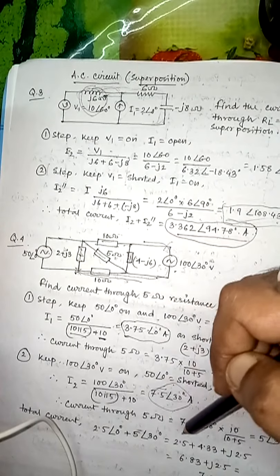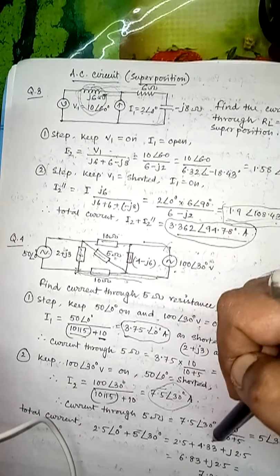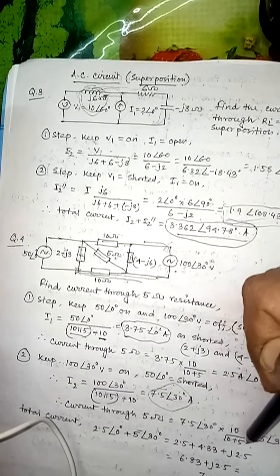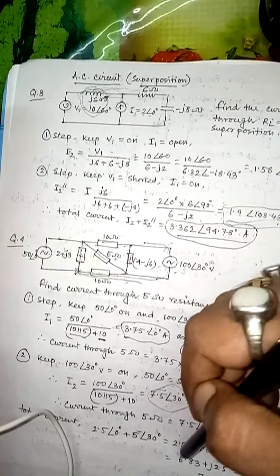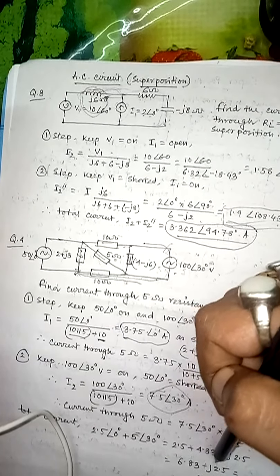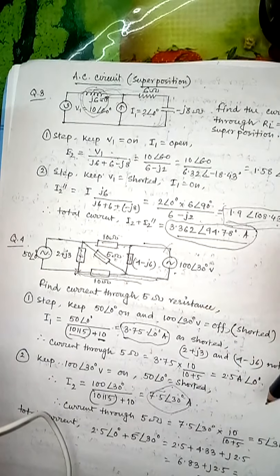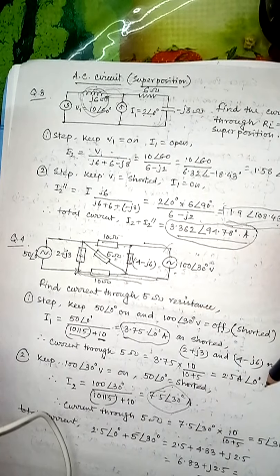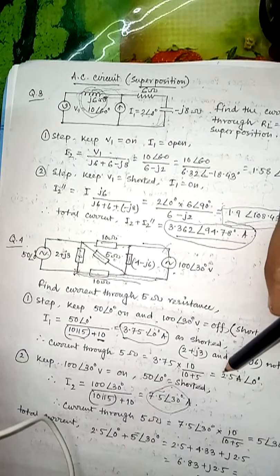You can easily factor it out as 2.5 plus 4.33 plus j2.5 plus this 5. So finally the answer is 6.83 plus j into 2.5. That is the final answer, in short, for the whole problem.